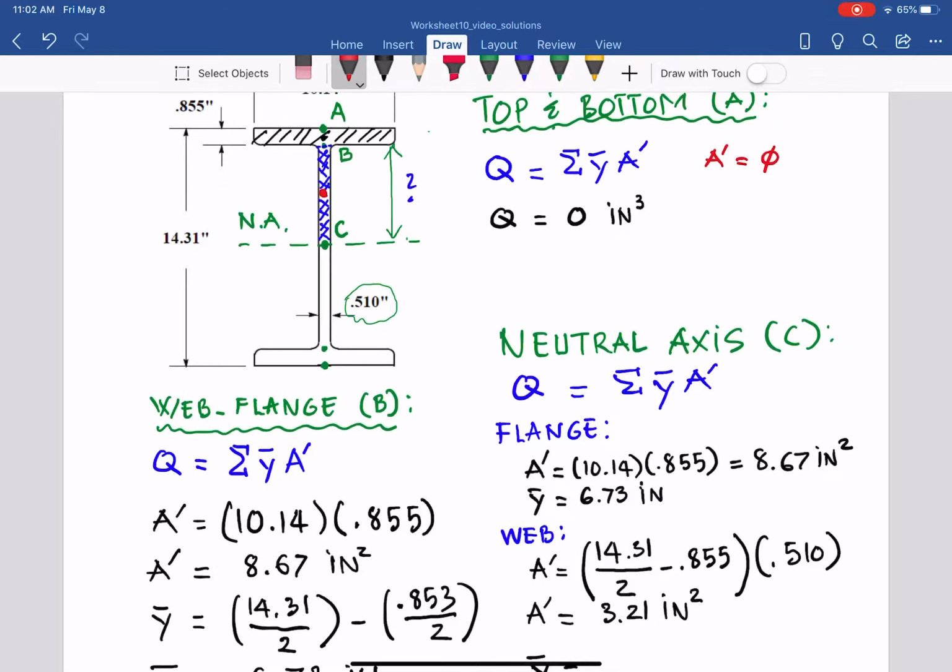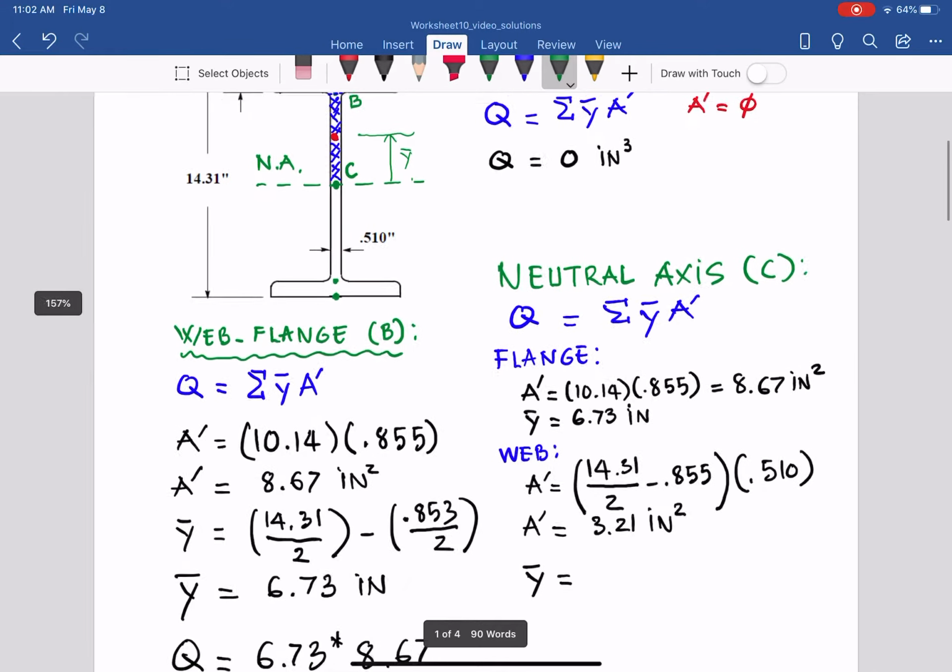So the question now is, let me erase this so that it doesn't confuse. So the distance y bar here is from this. How can I find out that distance? Okay, so that is the y bar that we want to find out for the web.